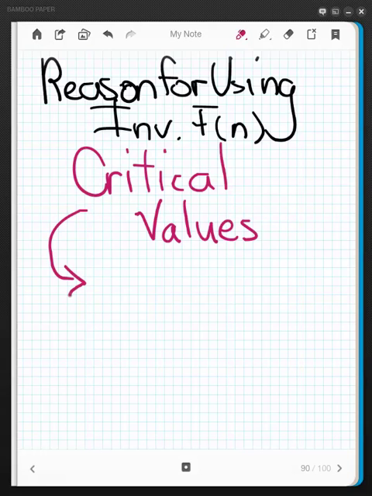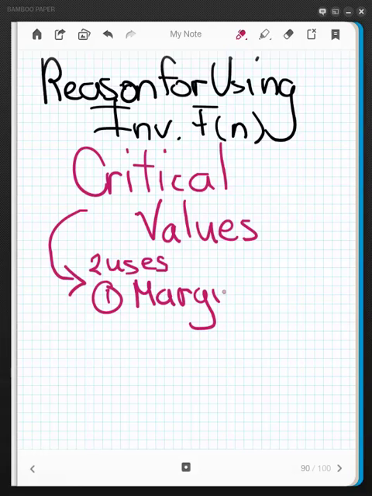So we have two uses, right? Number one, they are used in the margin of error computation inside a confidence interval.